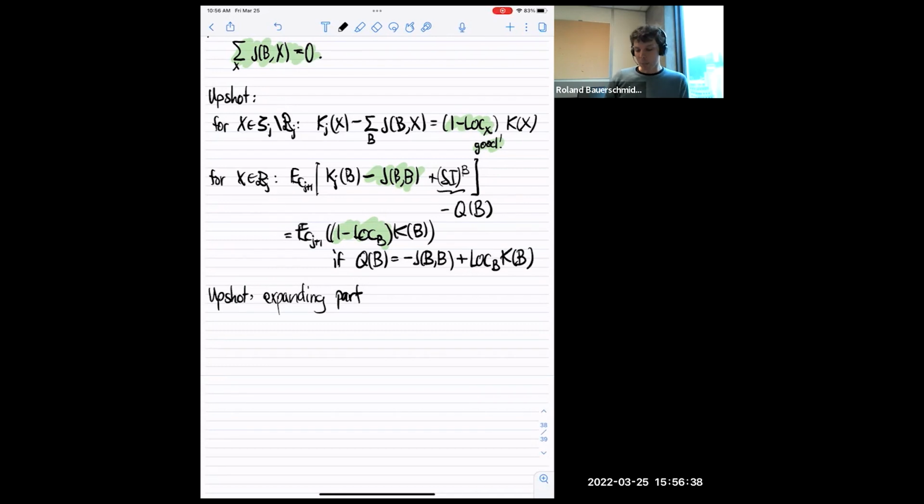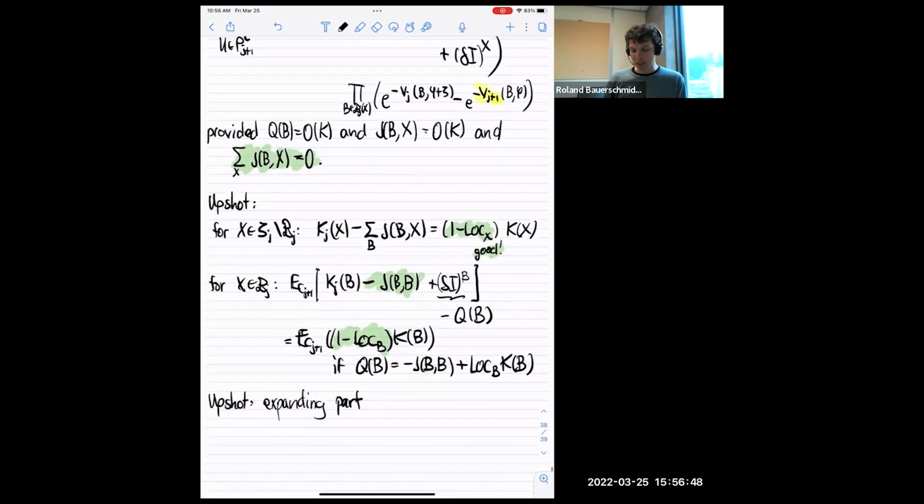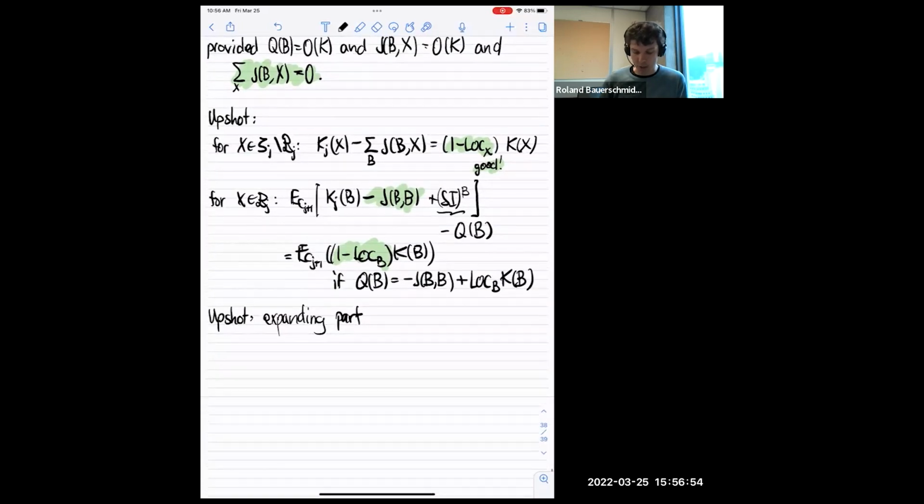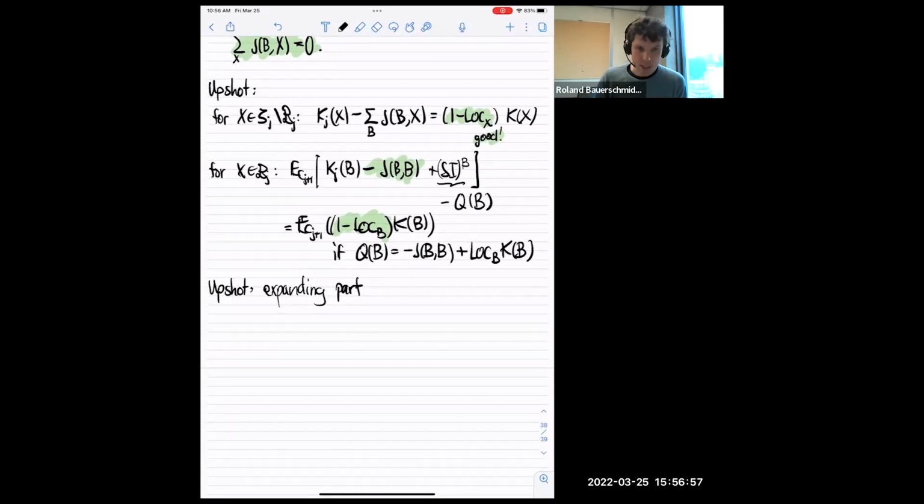We saw that. Blocks are not problematic because we can adjust the explicit part V of B as we need it. And small sets, in fact, are also okay because in this representation there's a flexibility. So in fact, you can also cancel the small sets. So expanding parts are canceled from all small sets.